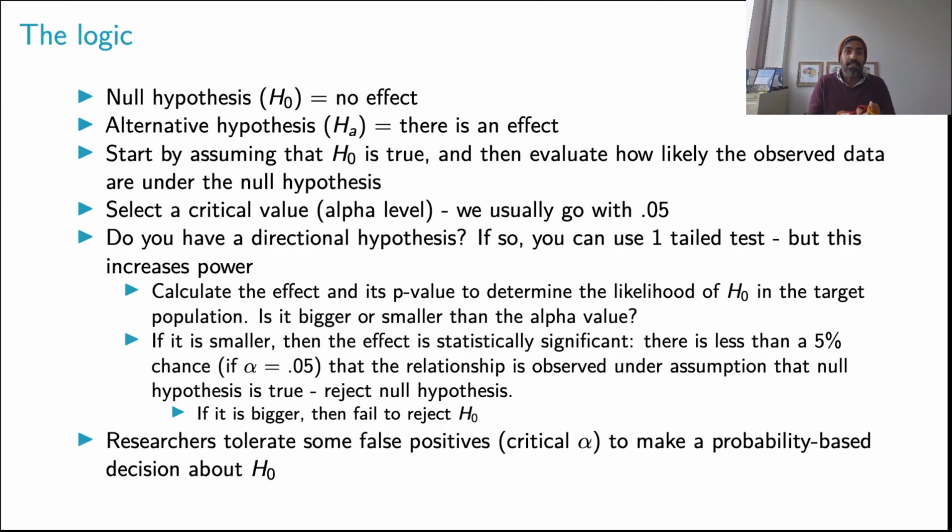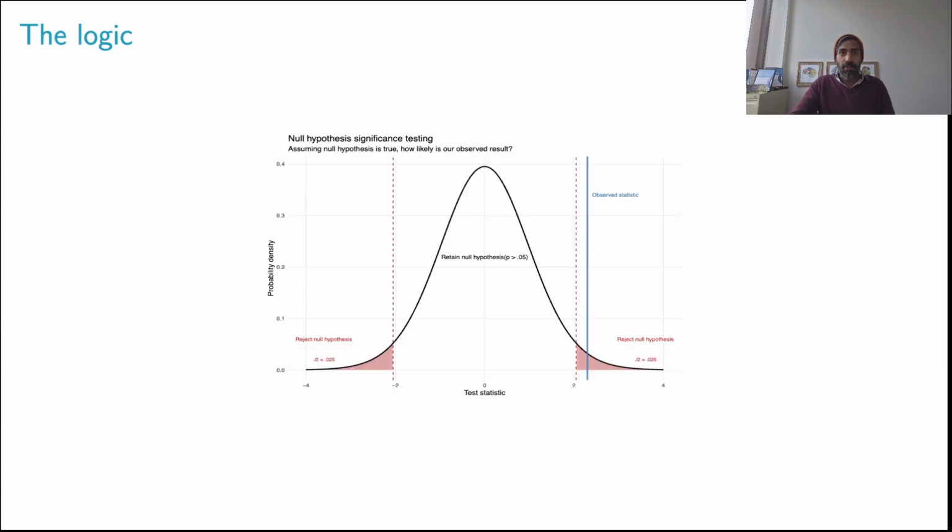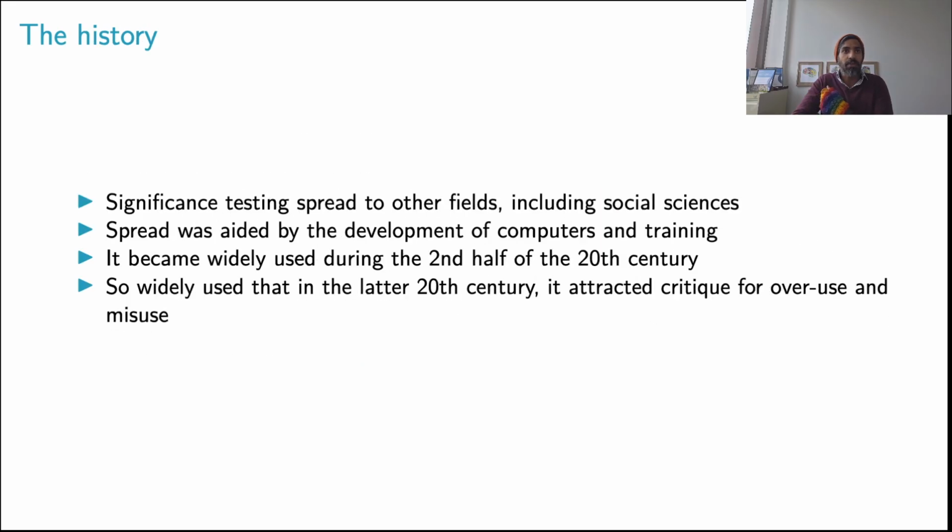For frequentist statistics, where we do significance testing, we're focusing primarily on the null hypothesis. Do we have enough evidence to reject it or fail to reject it? It doesn't tell us anything about the alternative hypothesis, but people assume that if we reject the null hypothesis under these conditions, then the effect is there. But in any case, it's not about that specific alternative hypothesis.